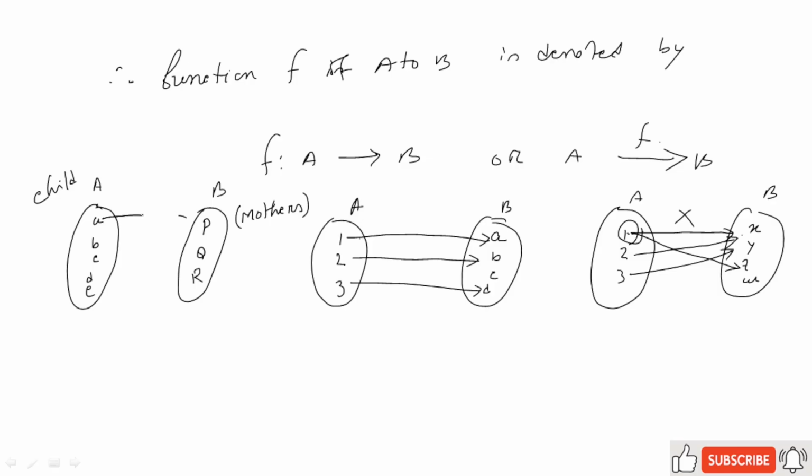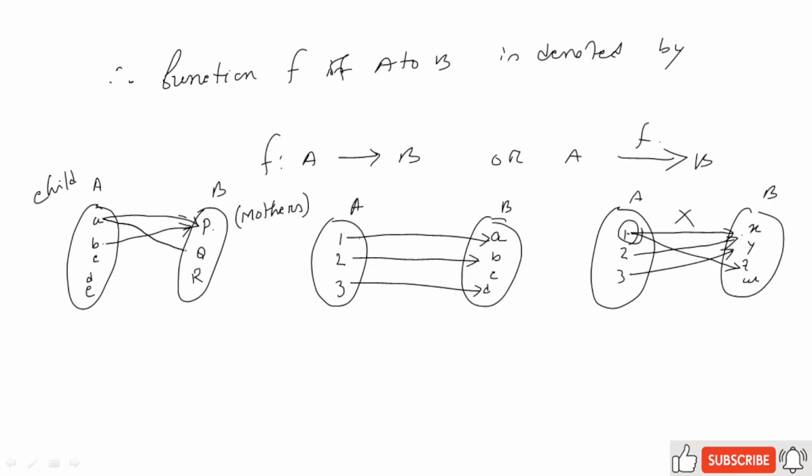Suppose P is the mother of A, and B is also a child of P. That means both A and B call P their mother. But A cannot say that P is his mother and Q is also his mother. This is not a relation.